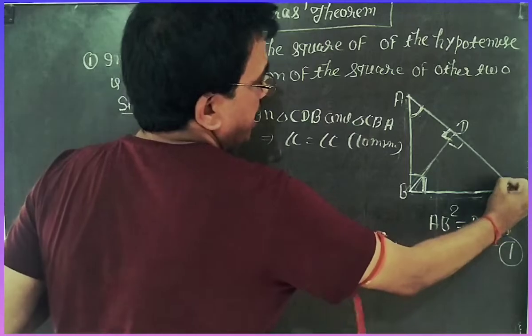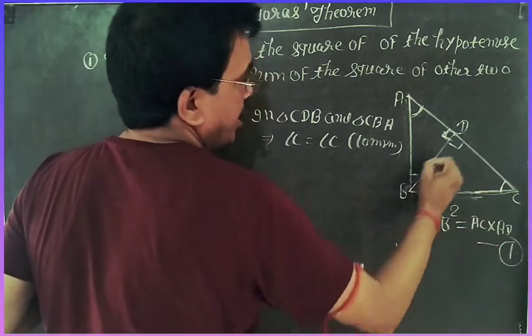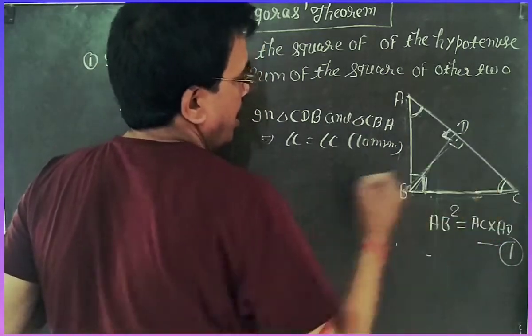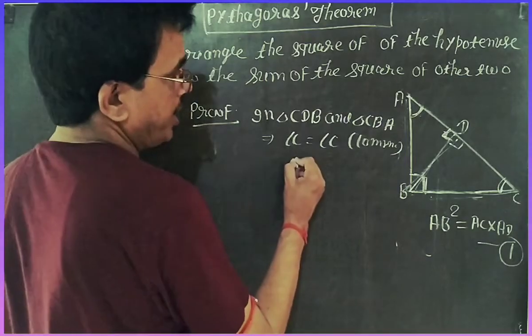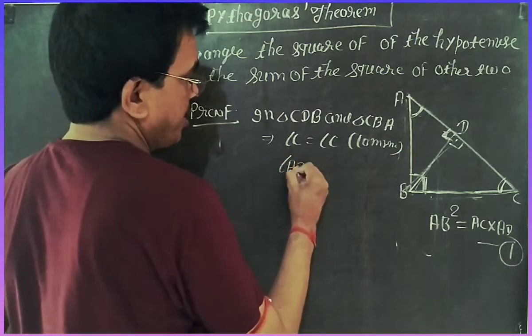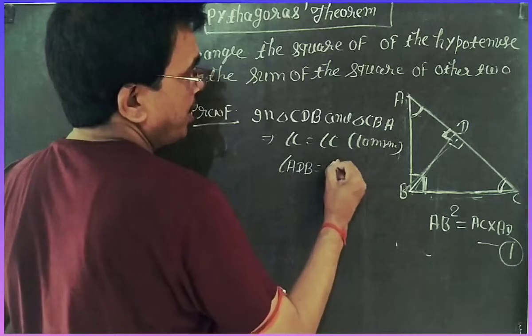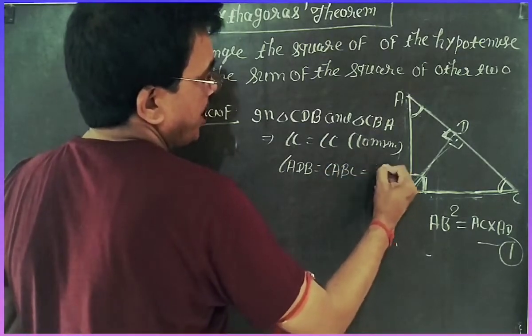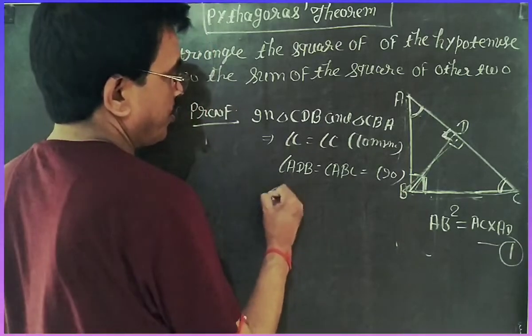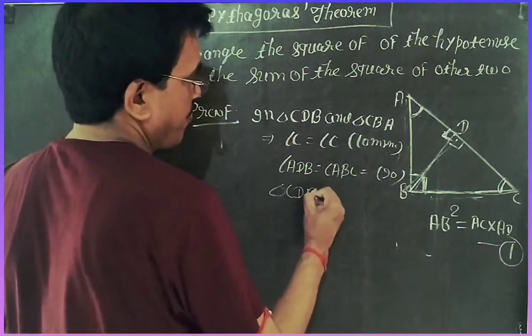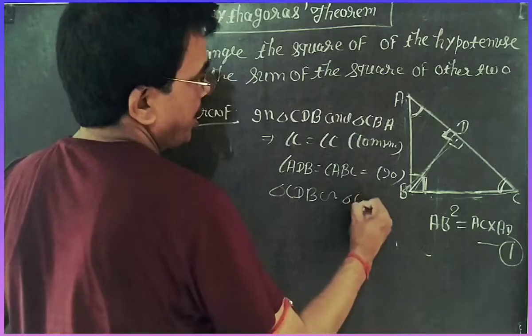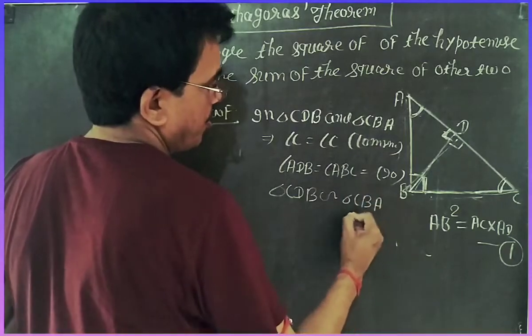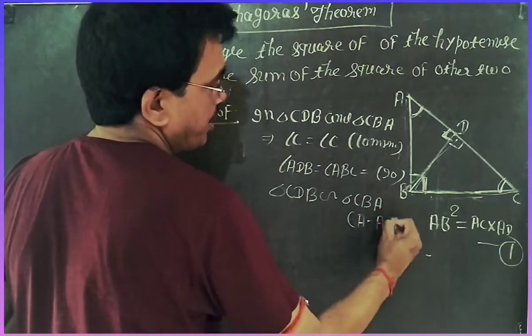Find out, this is angle C. It is in a small triangle and also this angle C is in the large triangle. And other is angle CDB is equal to angle ABC. Both are 90. So triangle CDB is similar to triangle CBA by AA property.